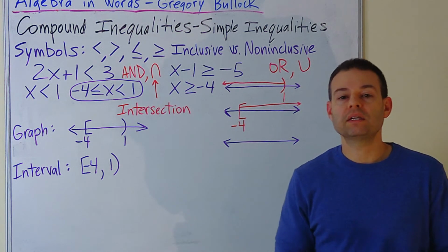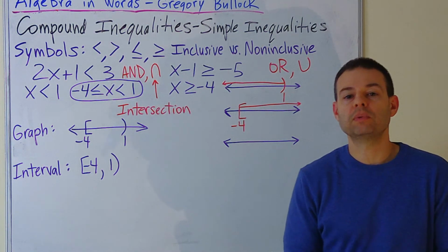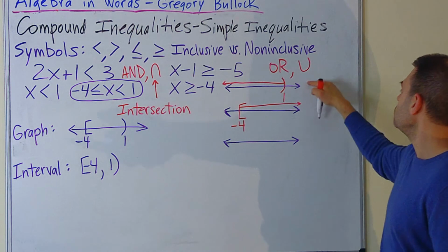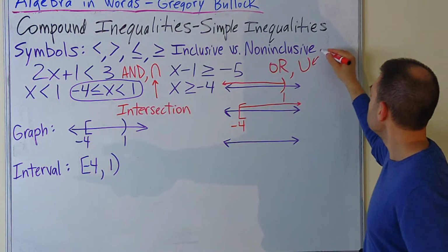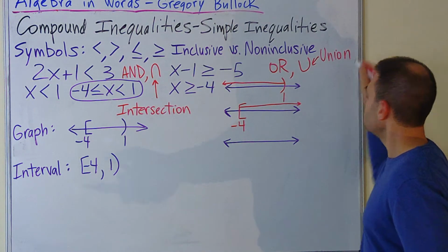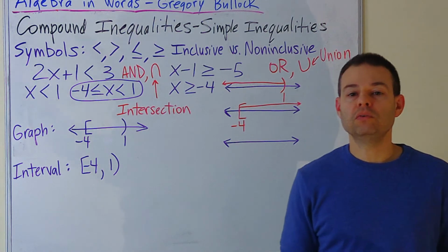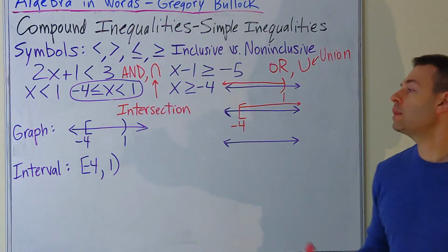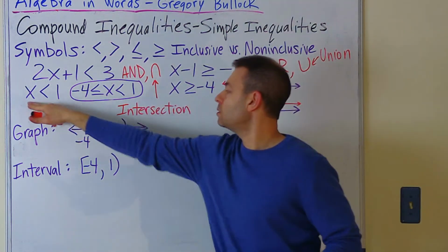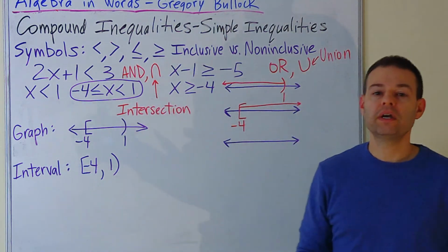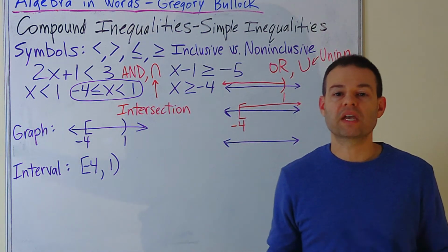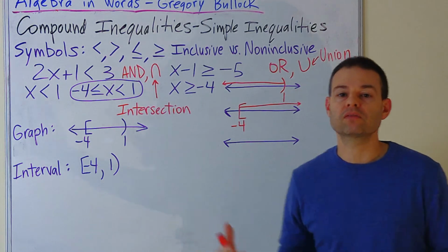And coincidentally, I don't think it's literal, but coincidentally, the U stands for union, meaning all values in union together. So now let's take these original inequalities that we solved for and apply it as if the problem said or, and then we'll compare the answers.